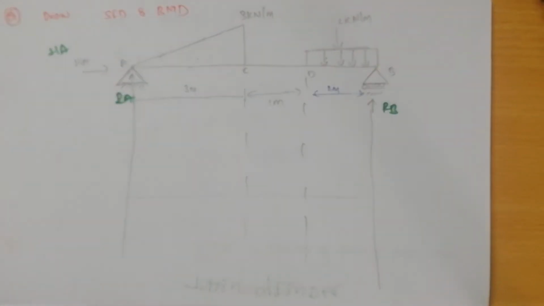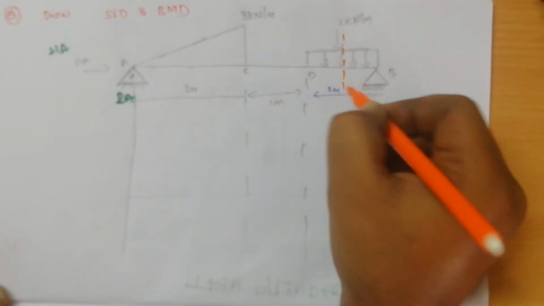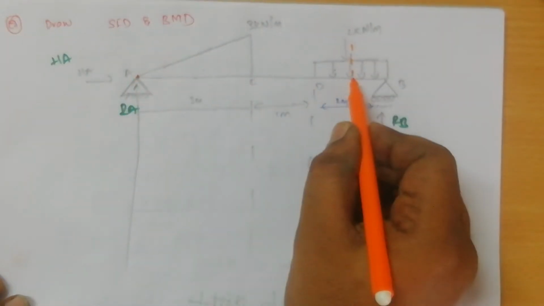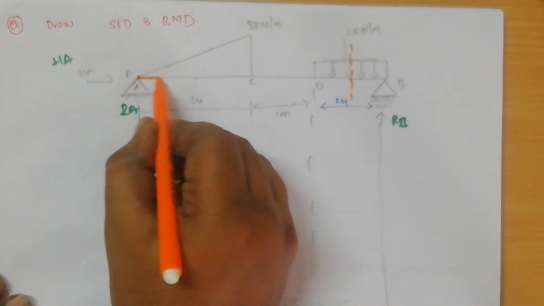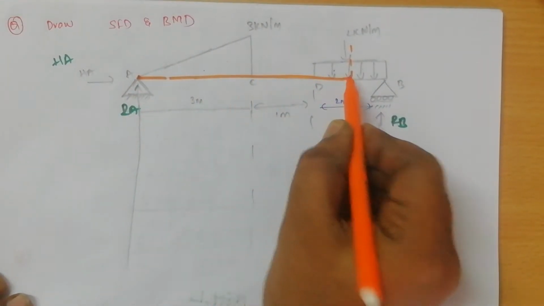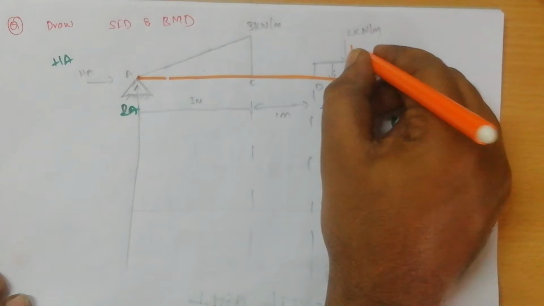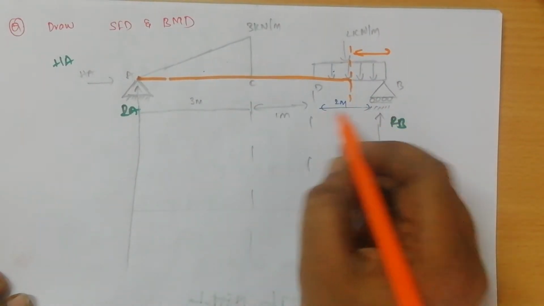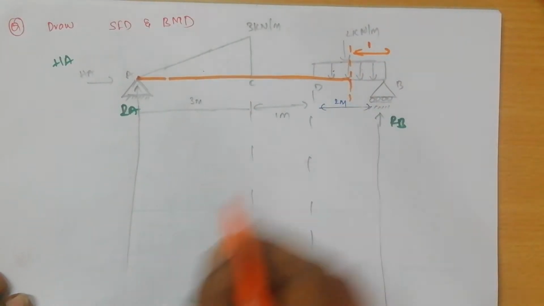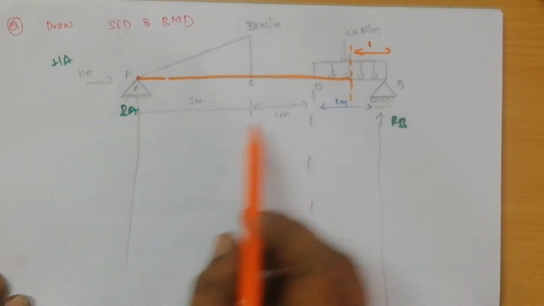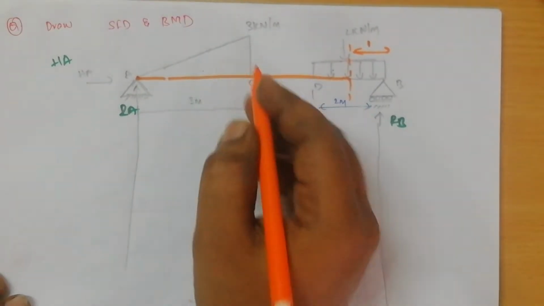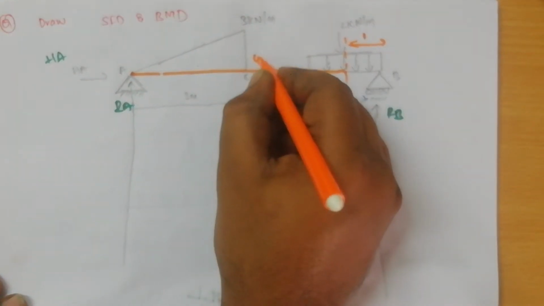The CG of this section will be at half of this. But we want the distance from this point to the CG, so you have to add the remaining distance. Half of 2 is 1. So what will be the total distance? 3 plus 1 plus 1, that is 4 meters.